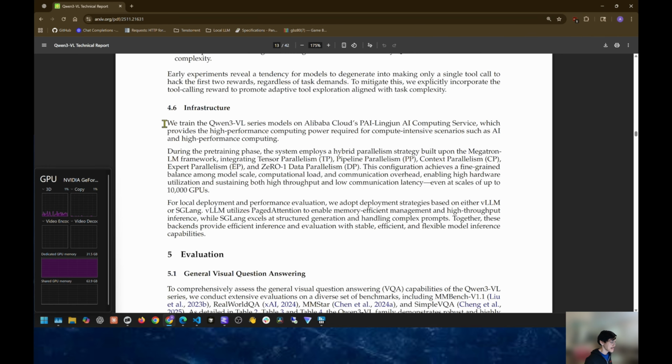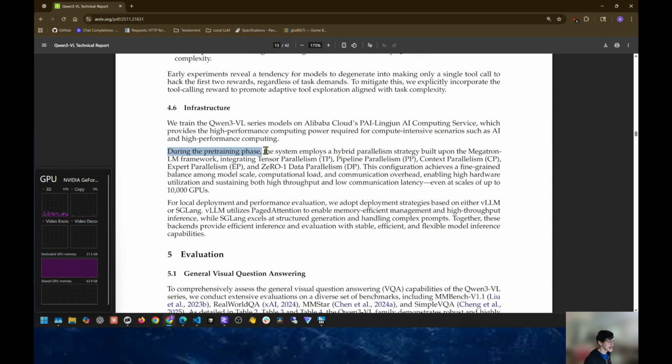Infrastructure. We trained the Qwen3-VL series models on Alibaba's cloud PAI Lingjun AI computing service, which provides the high-performance computing power required for compute-intensive scenarios such as AI and high-performance computing.